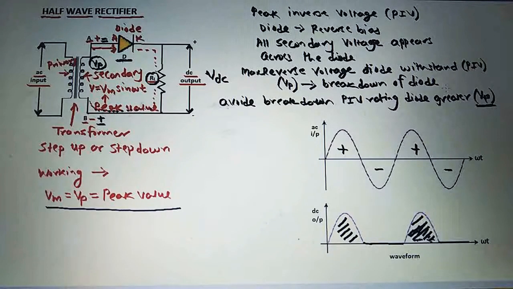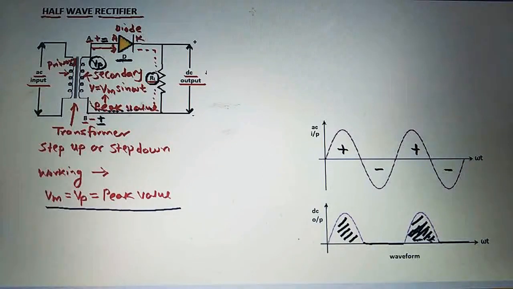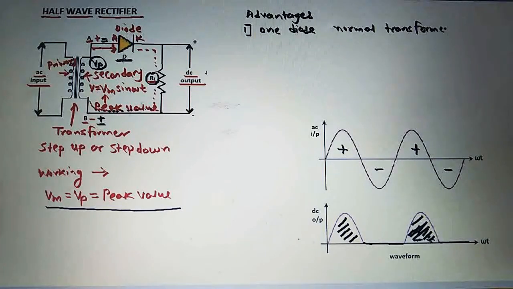So this is all about the peak inverse voltage. Next we will see the advantages of a half wave rectifier. The first advantage of half wave rectifier is only one diode is used and a normal transformer is required.